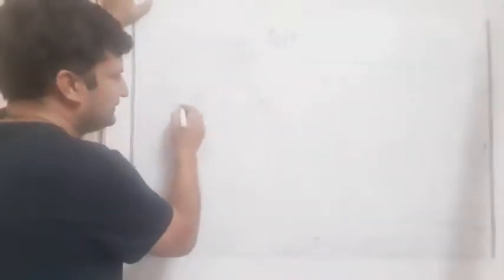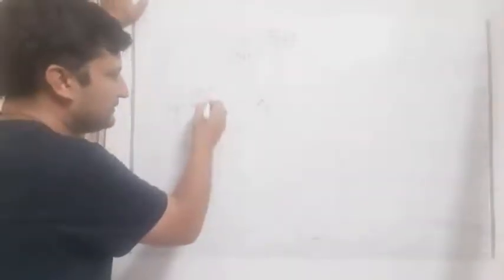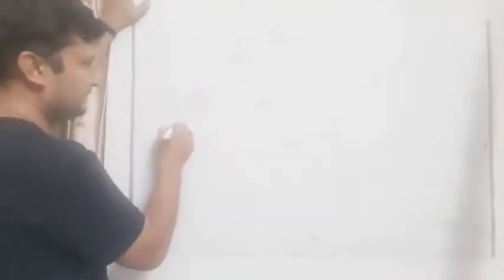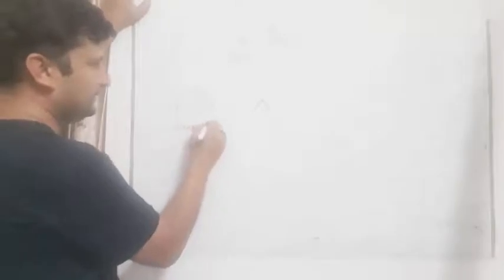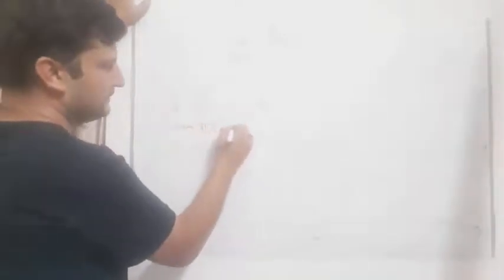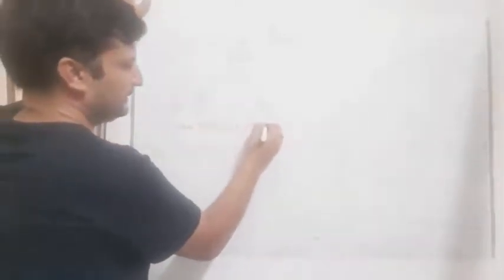So what we have to do, this is again a straight angle, so the sum of these two angles is always 180 degrees. So we can say that PQR is a straight line.